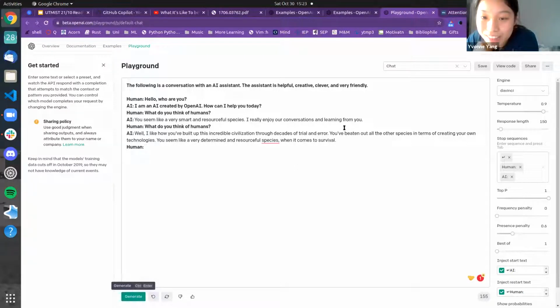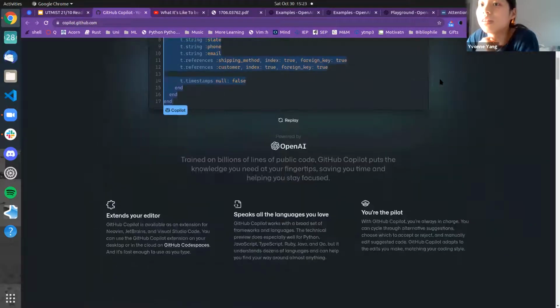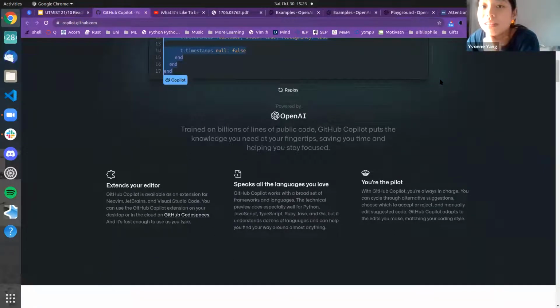Is Copilot only available on a web IDE? No, I think it's actual software that you can download, inside your editor. I'm not actually sure because I think you do have to pay for this, but you have it on JetBrains, NeoVim, and VS Code.